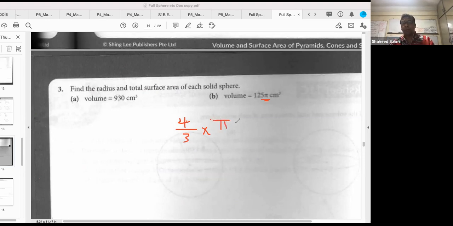No need to change the pi. Times R cube is equals to 125 pi. So how to find?